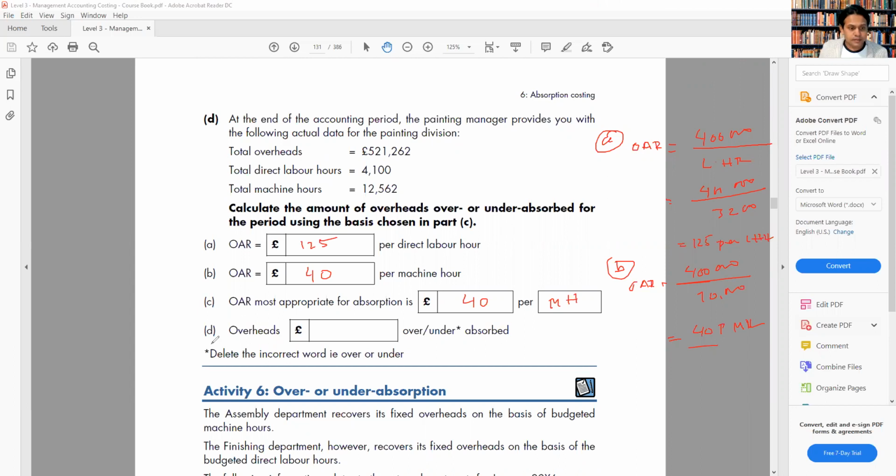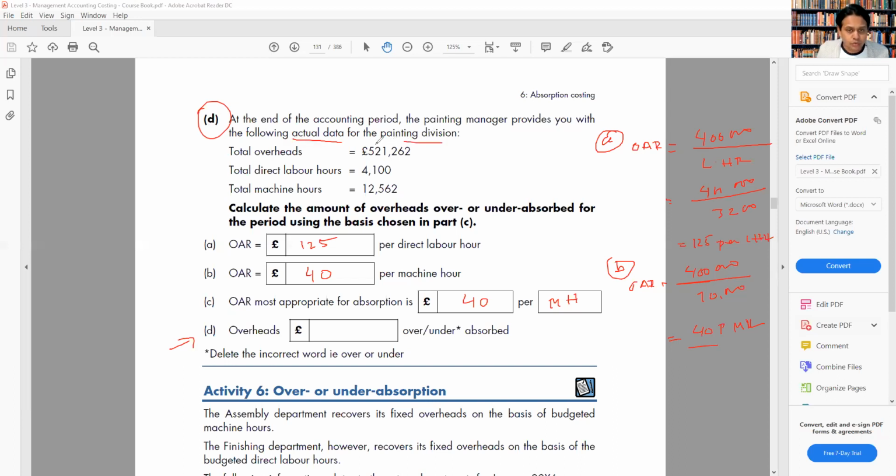And number D. Let's try number D. Number D is asking, at the end of the accounting period, the painting manager provides you with the following actual data. So they are giving me actual data for the painting division.